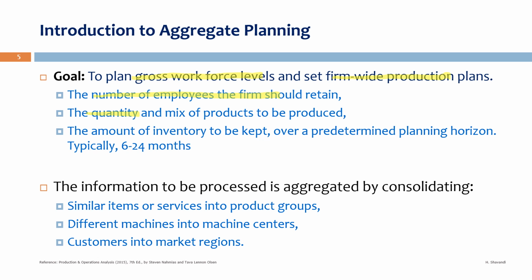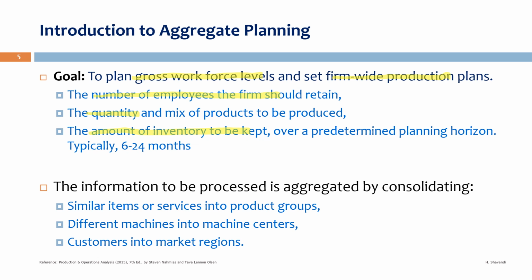Okay, and since we are considering a certain level of employees for production, and we are going to have a production level each period, we may need to store some units in the warehouse in order to deal with future demand. So here, yes, we will talk about the inventory at the end of each period regarding our plan.